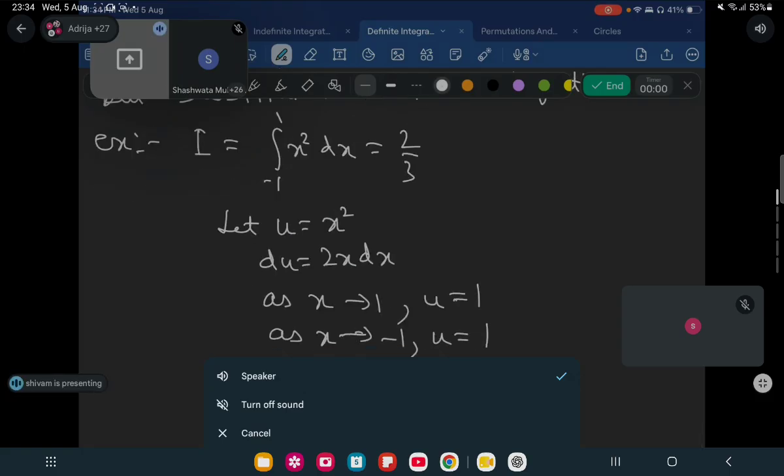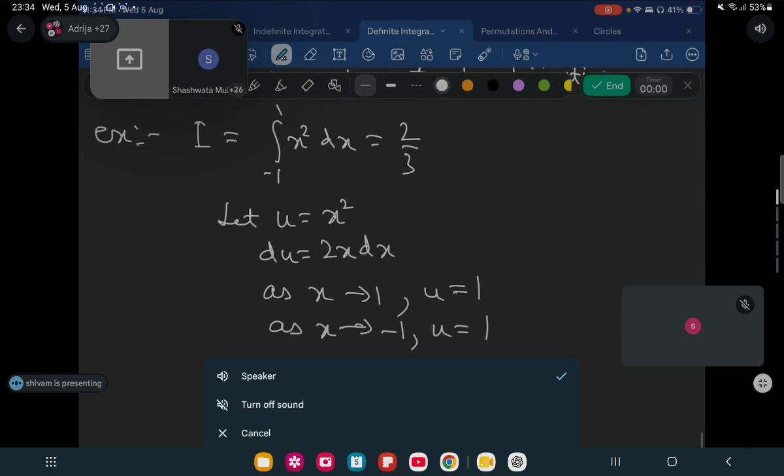So the whole integral will become the integral from 1 to 1. x square is u and dx is equal to du by 2x.